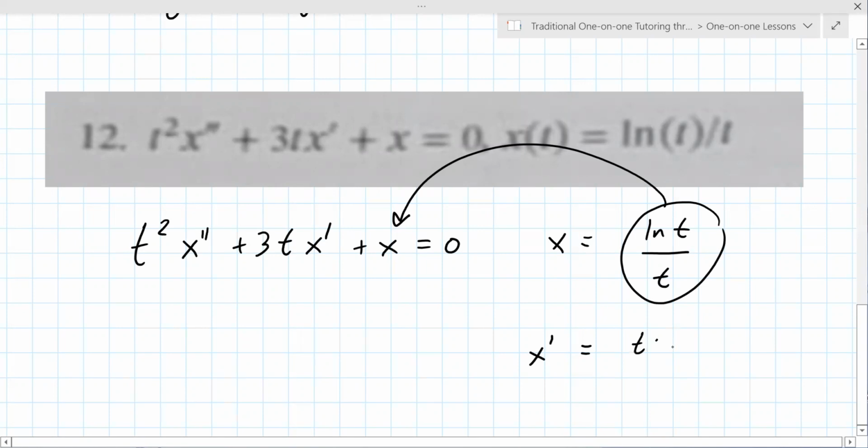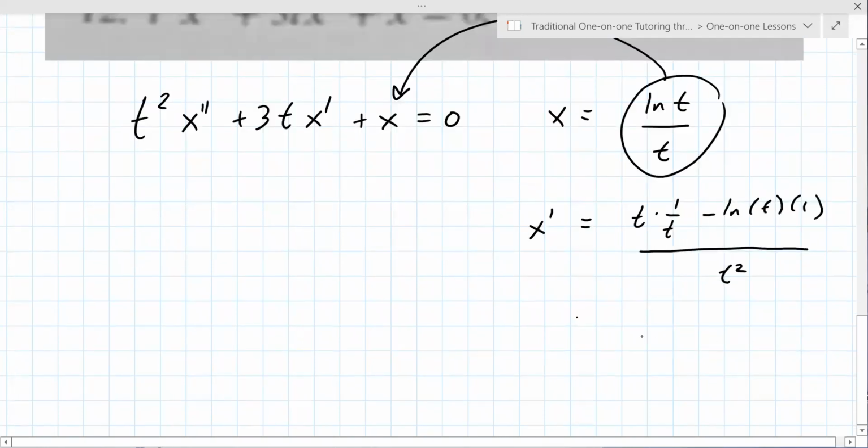So it's t times 1 over t minus natural log of t times 1 over t squared. And so the first derivative is 1 minus natural log of t over t squared. And that's going to go in for the second position.